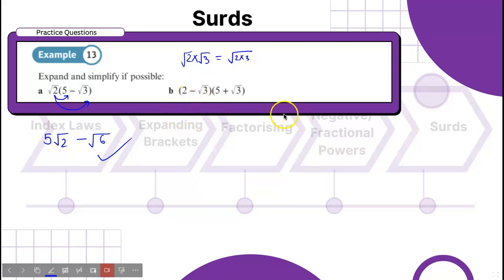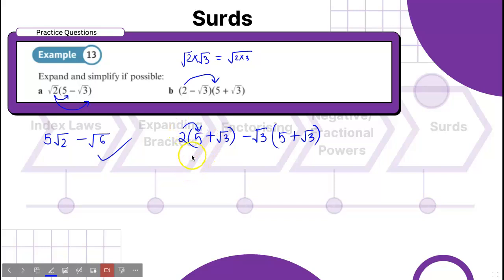When we have double brackets, let's expand. What we do is take the first term and multiply with the bracket: 2 with 5 plus root 3. Then minus root 3 with 5 plus root 3. Okay, now let's do single brackets. It's easy.